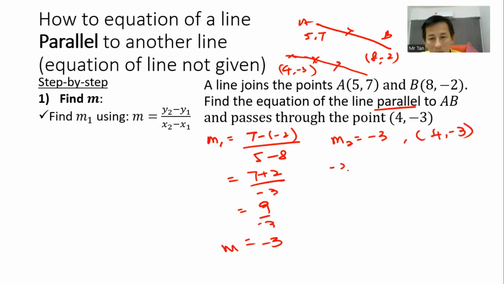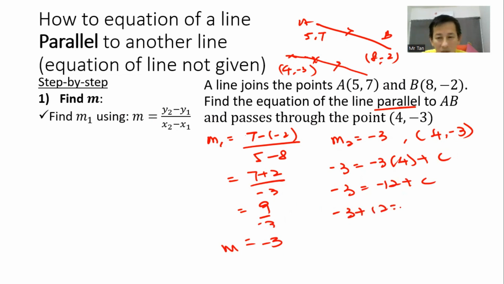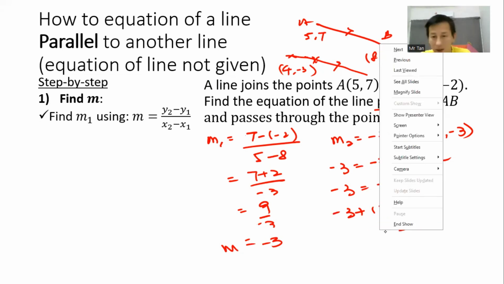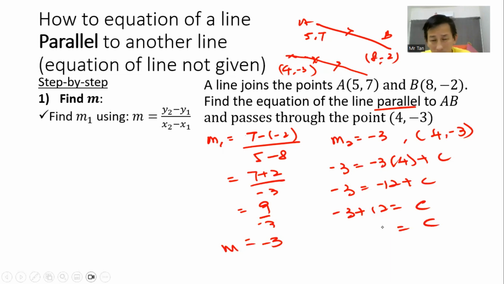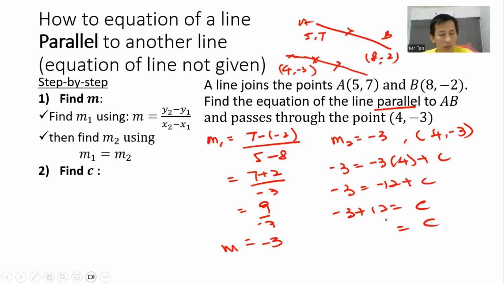So your y is negative 3 equal to negative 3 times 4 plus c. So negative 3 equal to negative 12 plus c. Negative 3 plus 12 equal to c. Therefore your c is equal to 9.